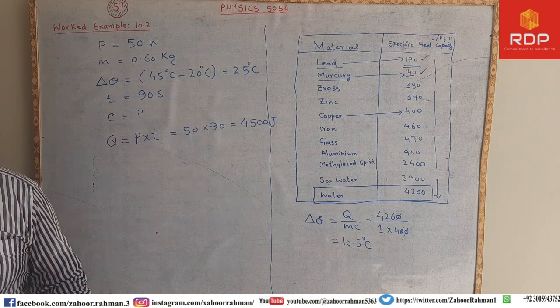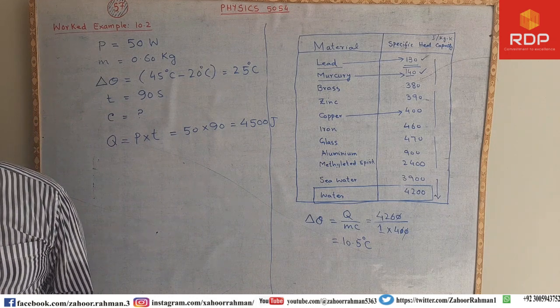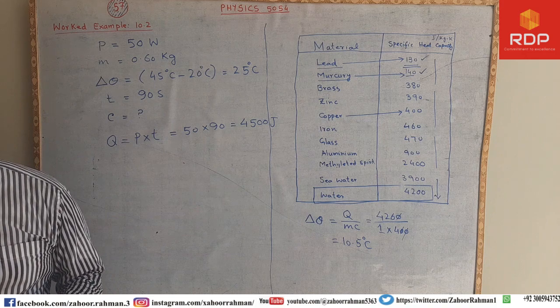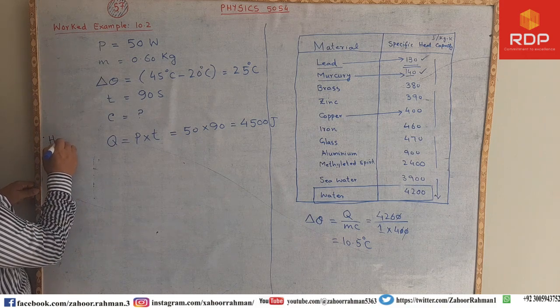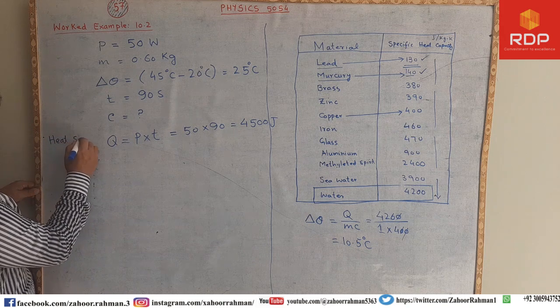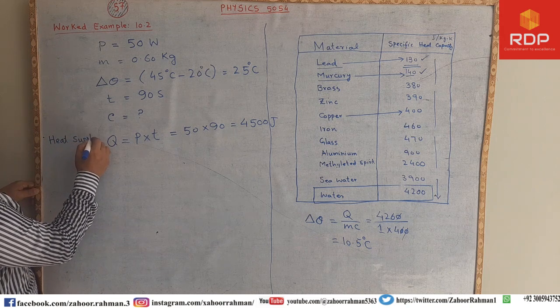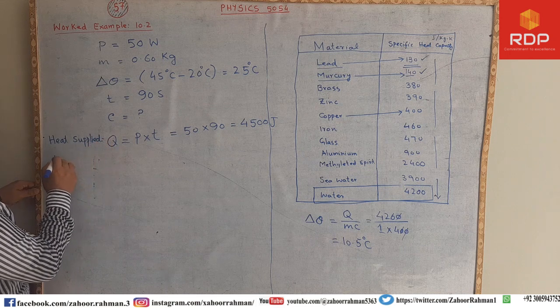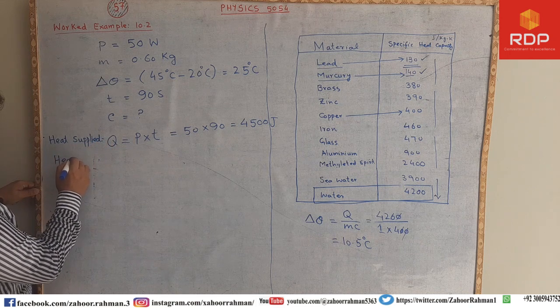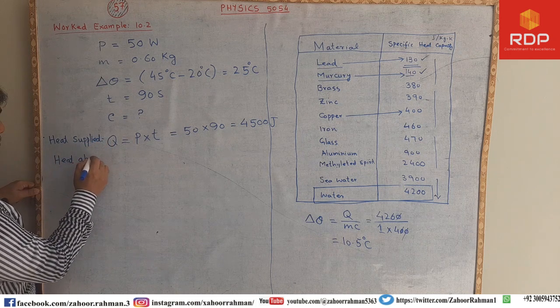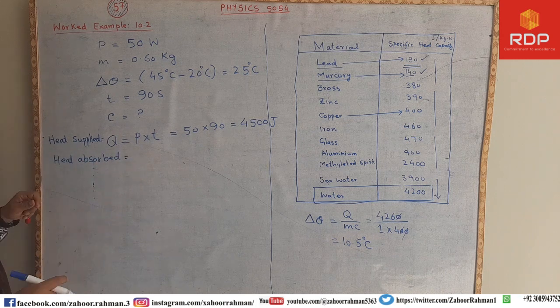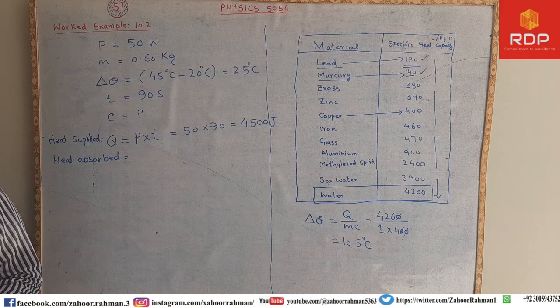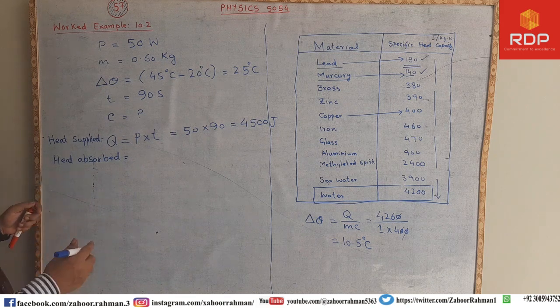That is one part. And we are saying heat absorbed. This is heat supplied. Heat supplied and heat absorbed. That is what we made the assumption, and that is equal to mc delta theta.